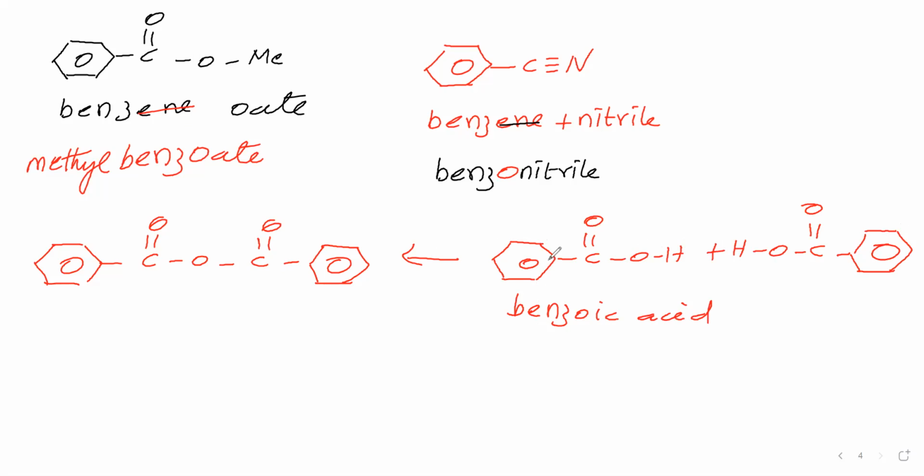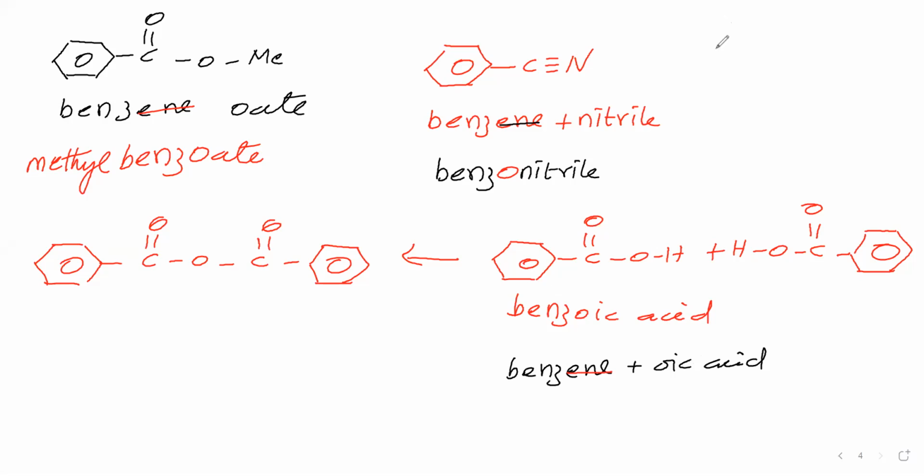How to get the benzoic acid name, that we will see. Benzene you take. Carboxylic acid, secondary suffix oic acid, that you take. The ene you cancel, the remaining you join, and you will get benzoic acid.